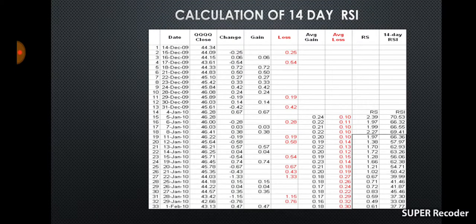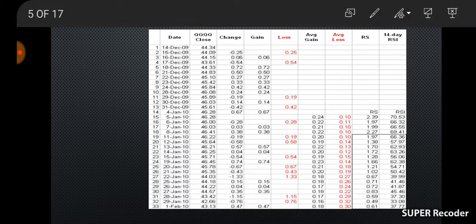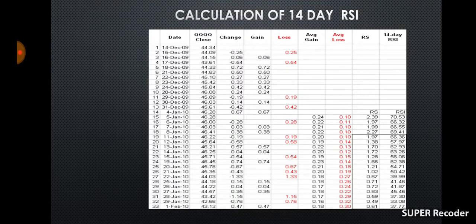Then the change in the closing price is minus 0.25, because the price is reduced. If the price is reduced, it is considered a loss, so we have written it here in the loss column. The next day the price changed to 44.15 from 44.09, so it increased. It is a gain, so we have written the change here, that is 0.06.